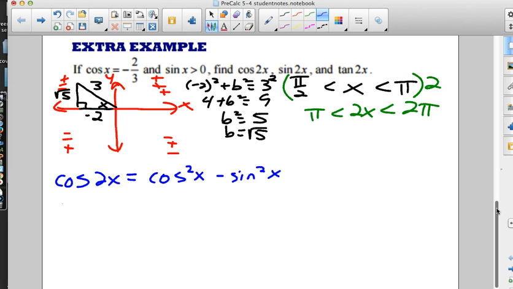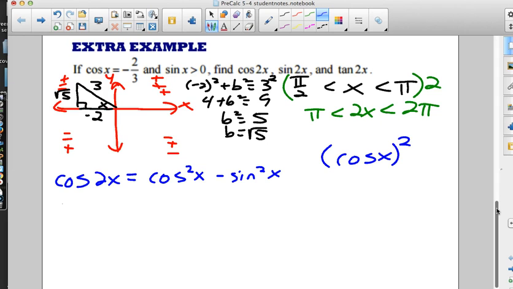The good news is we have our triangle drawn. We absolutely can find those things. Remember, it looks like cosine squared x, but what it really means is cosine x squared. That's what it means. And we have a triangle up here set up so that we can find cosine and sine. In fact, they gave us cosine.